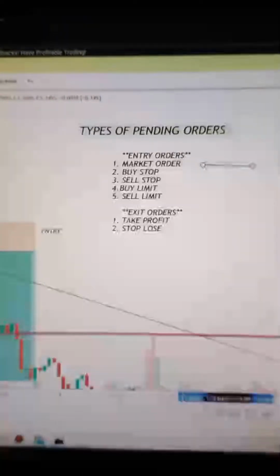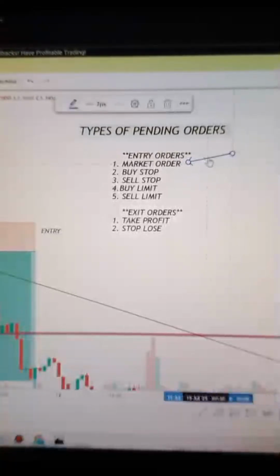We've done the market order, so we are looking at the buy stop now.